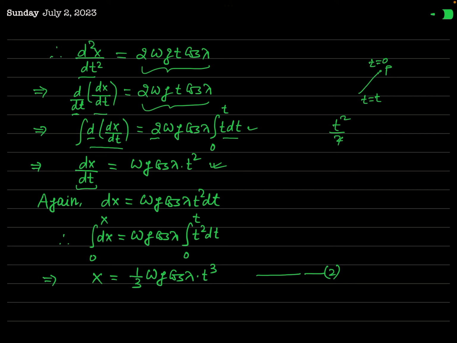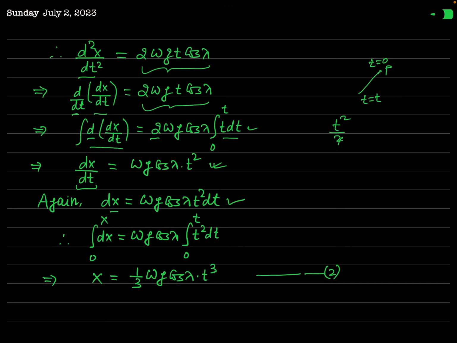Now when we again integrate it with respect to t, we will get x, which is the deviation in x direction or displacement in x direction. And that is what we have to calculate. So from this result we can write dx equal to omega g cos lambda t square dt. Now again integrate it.